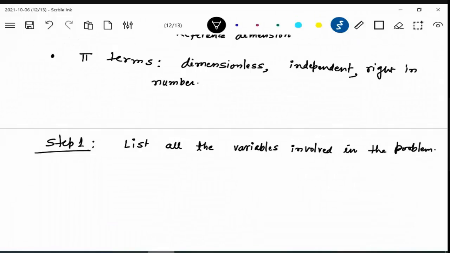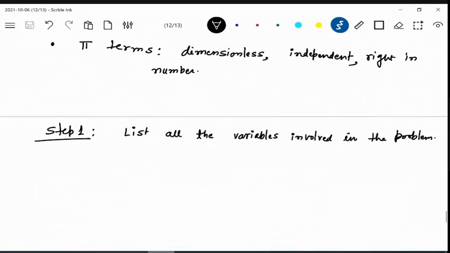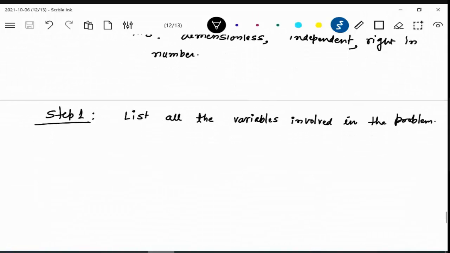You see what the geometry of the system is, what the material properties of the system are, what forces and external effects are acting on the system. Those are the variables. For example, first you can have the geometry of the system. From there you can find diameter, length. So these are the variables.